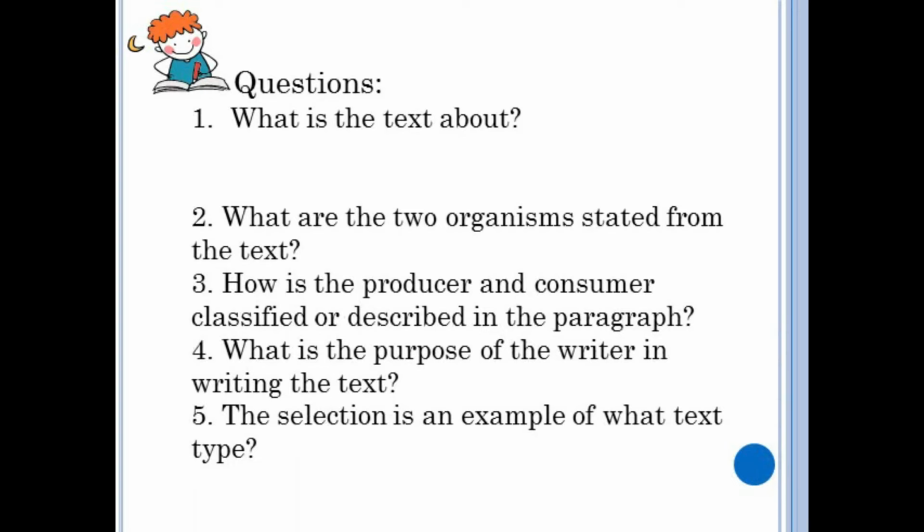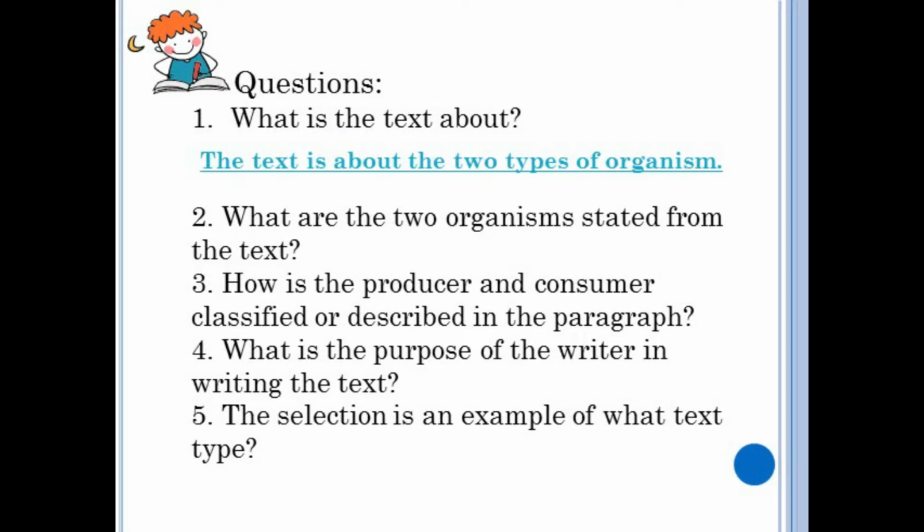Answer the questions. So I will give answer for number 1 as your guide. Number 1. What is the text about? Okay, the text is about the 2 types of organism. Now you answer the rest of the activity. Number 2. What are the 2 organisms stated from the text? Number 3.